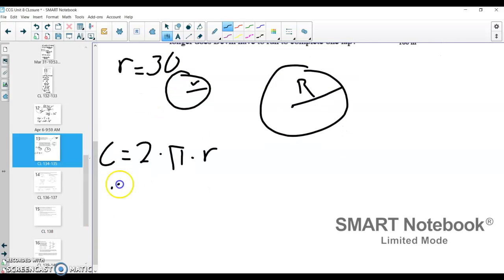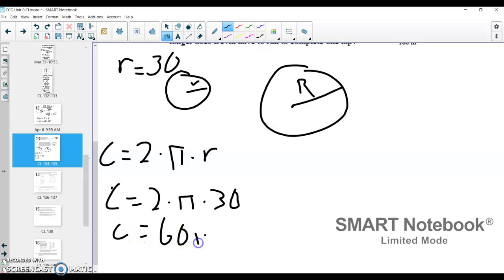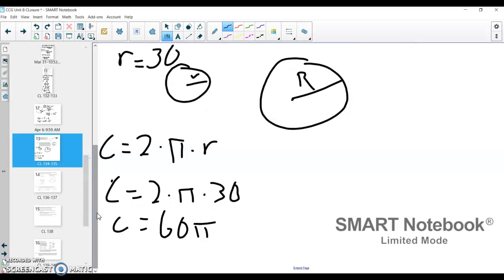So I get a circumference of 2 times pi times 30, which gives me 60 pi. As a decimal, because I want to work with decimals here, 60 pi is about 188.5 meters.